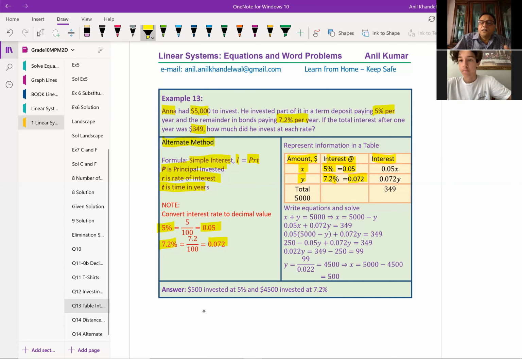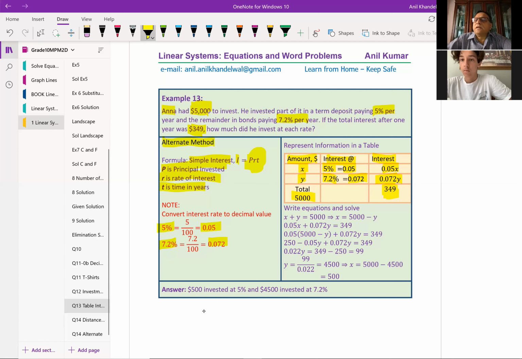The interest earned is the product of all this, so you just multiply with X and with Y, you get your interest. But we are given that the interest actually is 349, so we wrote that 349 here. And we are also given that the amount to begin with was 5,000. So 5,000. You have all the information in the table.